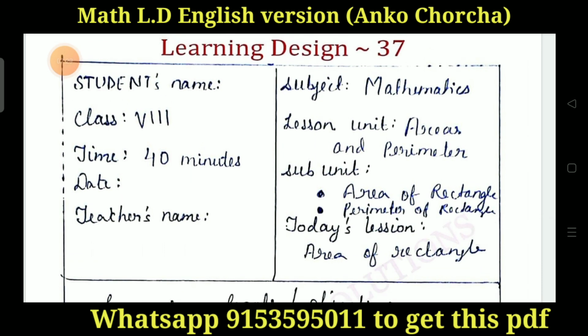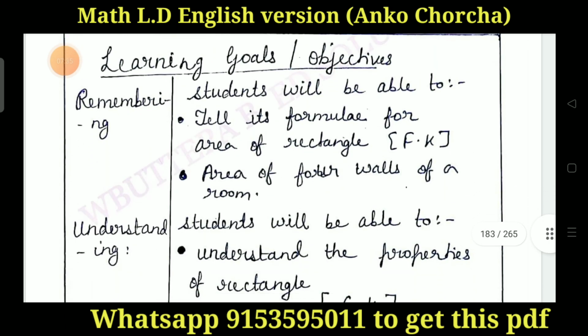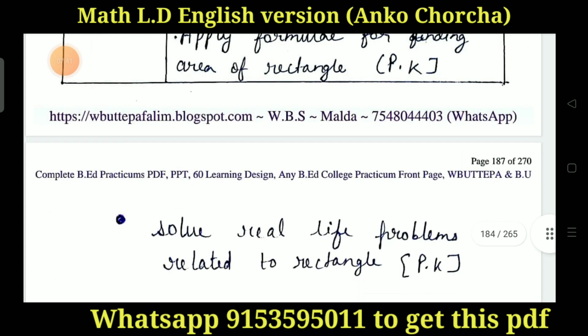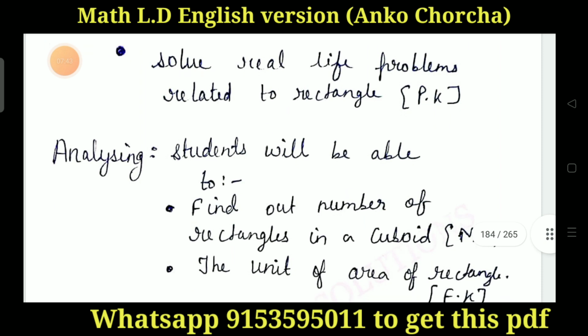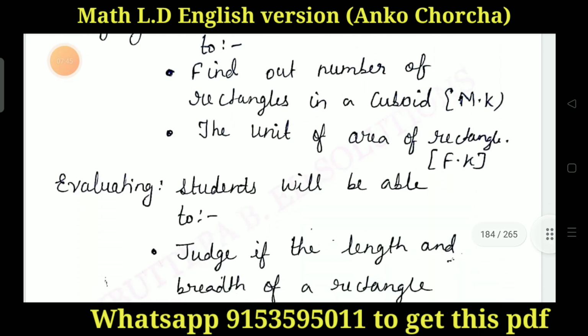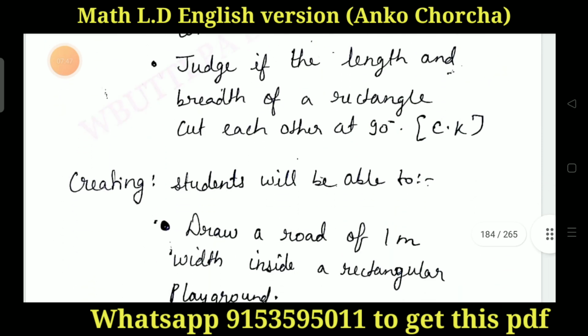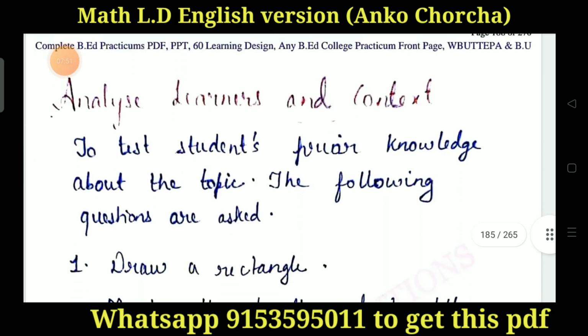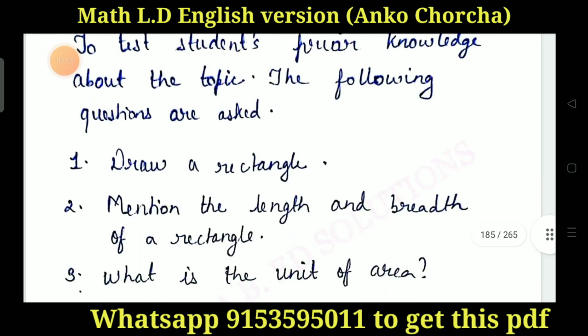Learning design number 37. Today's lesson, area of a rectangle. Learning goals or objectives: remembering, understanding, applying, analyzing, evaluating, creating. Analyzing learners and context: there are two types, general and specific.